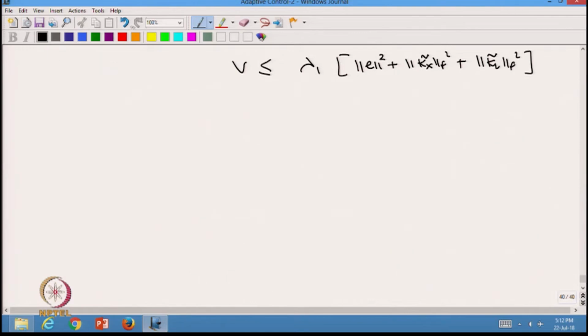So let's make this lambda 2 and lambda 1 of e square plus Kx.